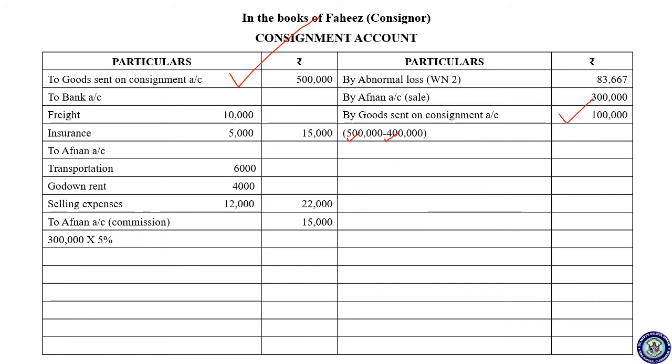So first you have to deduct it, or adjust it from the goods consigned. So that is 1 lakh. Okay, next.